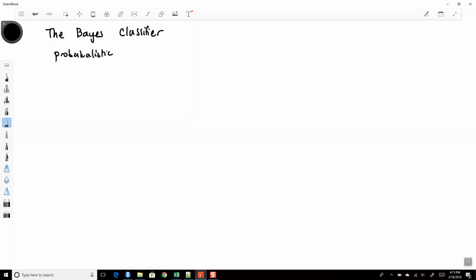And what that means is that the output of our classifier is a probability that the observation belongs to a particular class.